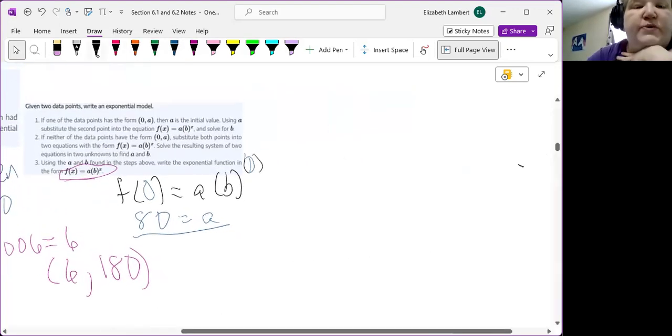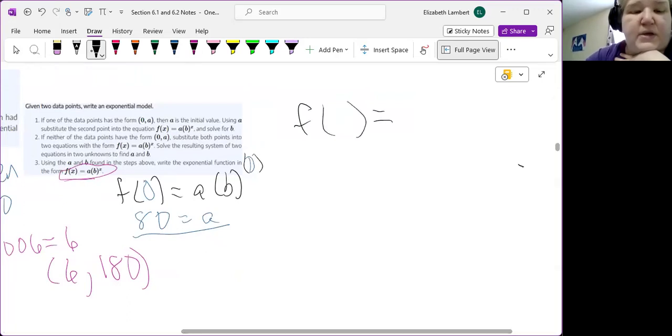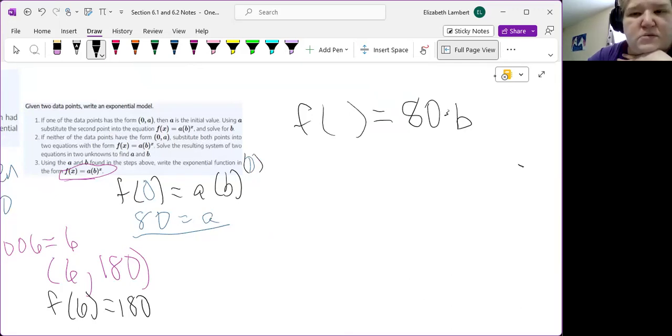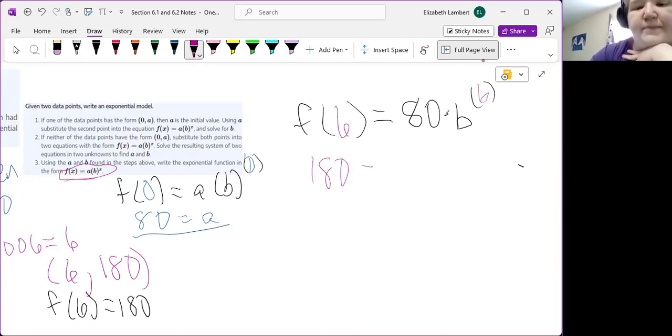So now we will use our second point. This second point is telling us f of 6 equals 180. And we know our A now, so we may as well fill it in. 80 times B to the 6, and f of 6 is 180.